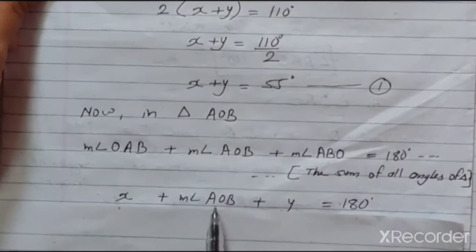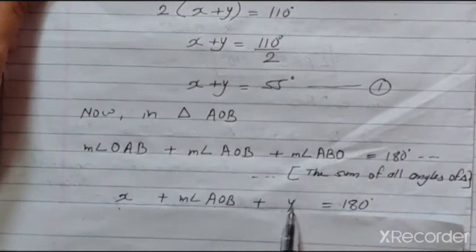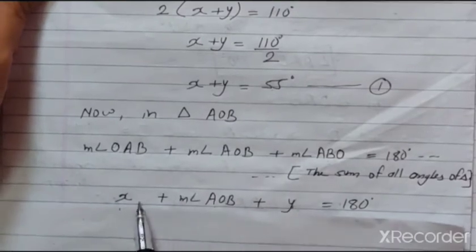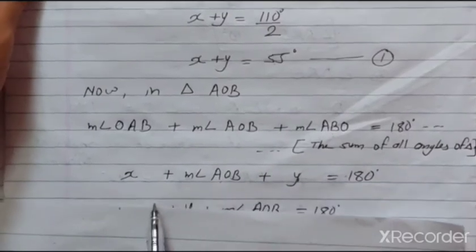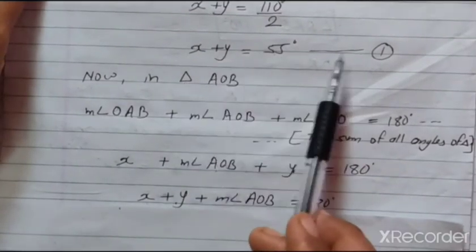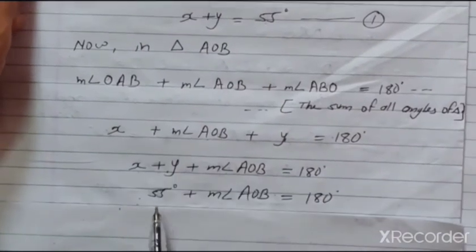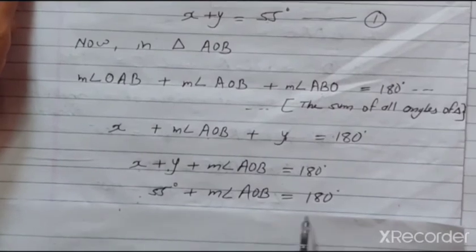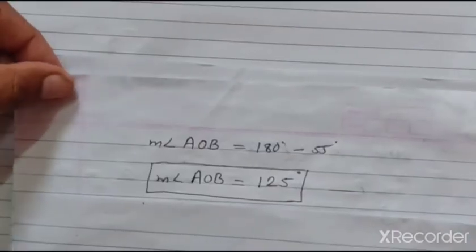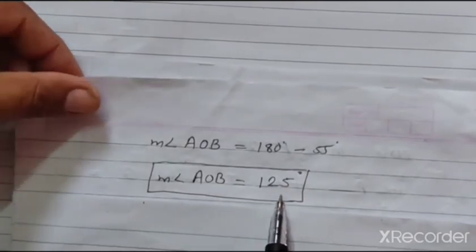This measure we have to find out, and the value of this small angle B from this small triangle is y degree. So here I am taking x and y together, so x plus y. But you know that from equation 1 this summation is 55 degree. So this is the substitution. Take this 55 to the other hand side, it will become minus, and its subtraction we will get this measure AOB is equal to 125 degree.